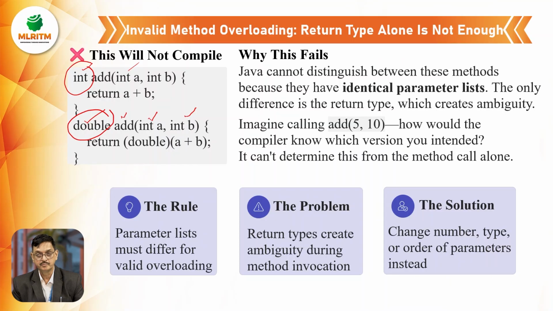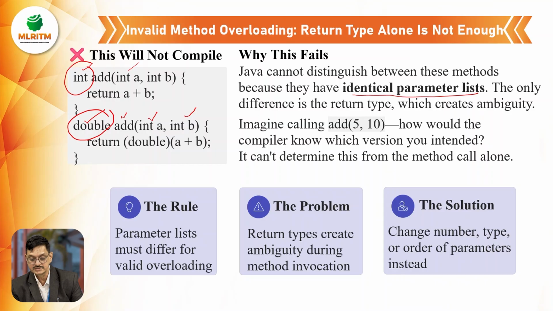We have already identified the requirement for method overloading, so why is it failing? Java cannot distinguish between these methods because, even though the return types are different, they have an identical parameter list.